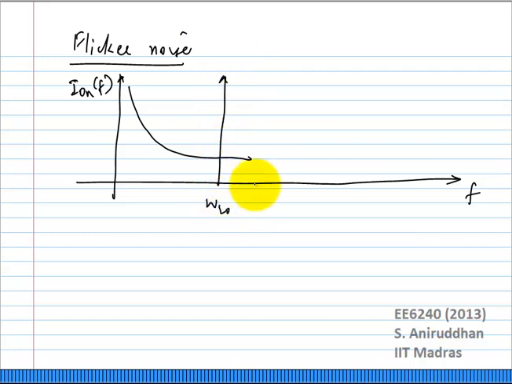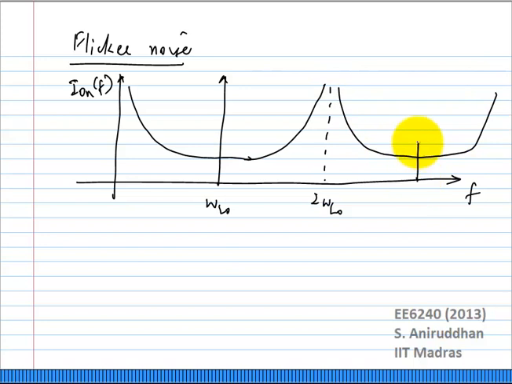Because we have considered a single balanced mixer, you will get this LO component also, and 2 omega LO, you will get something like this. And so on, right? You will get these sampled images at every 2 omega LO.